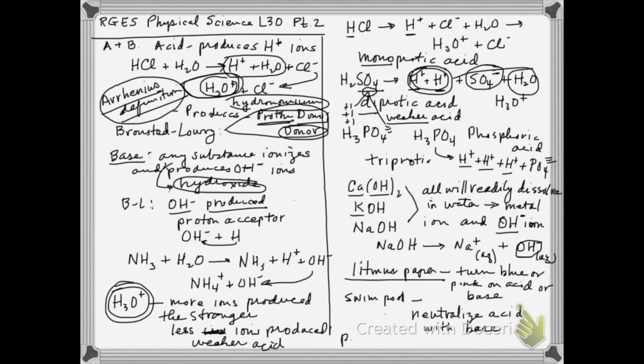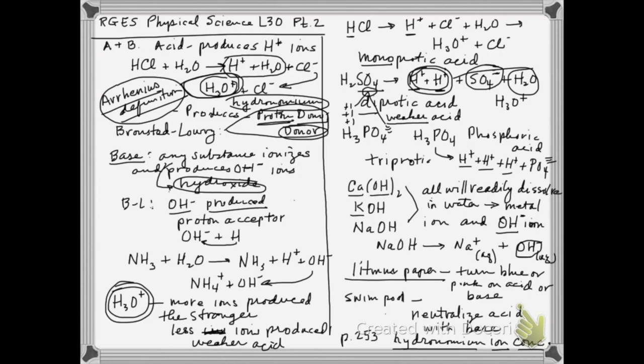So before we take our break here and move to the next part, I'd like you to look up page 253. And there on 253, we're looking at the hydronium ion concentration.